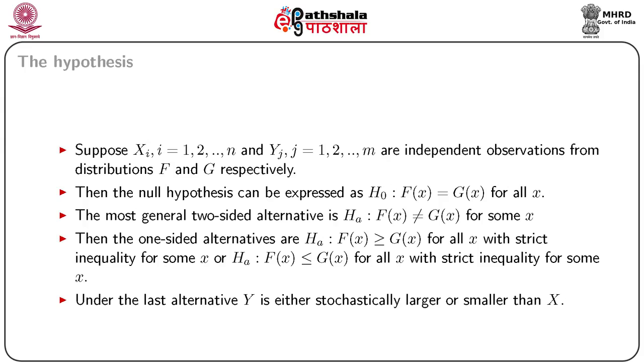That is, Y1 takes higher values more frequently than X. In other words, Y1 is stochastically larger than X1. Similarly, F(x) less than or equal to G(x) for all x implies X1 is stochastically larger than Y1.